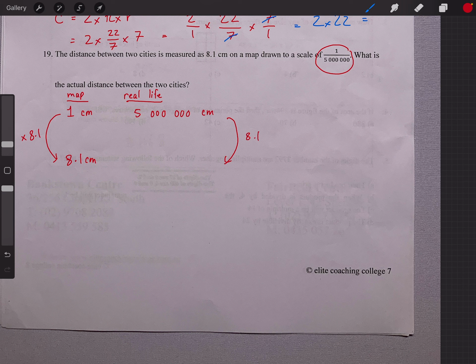So let's just say 5 million times 8.1. Let's just do 5 times 8.1 first. 5 times 1 is 5, point, 5 times 8 is 40. So it'll be 40.5 million. Okay, I'm just doing a shortcut way.